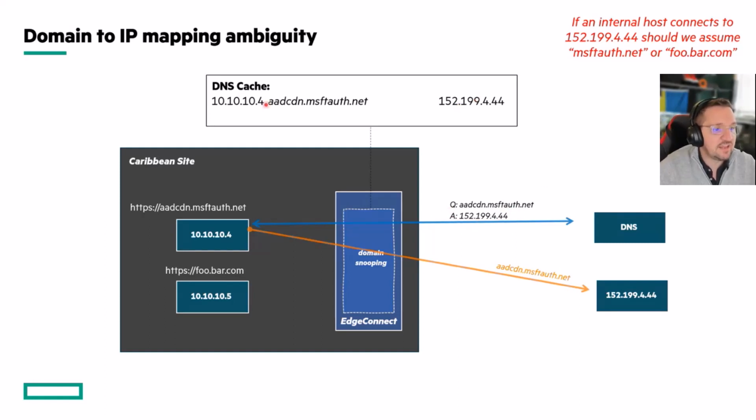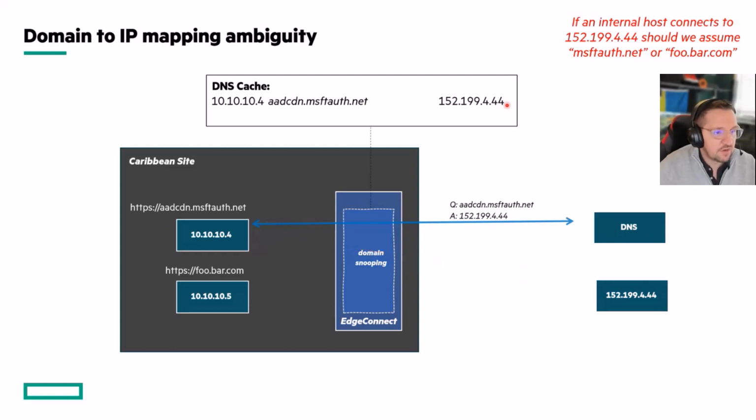So we cached that in the local EdgeConnect, in the EdgeConnect itself. So now the EdgeConnect has a high-speed cache of information that maps a domain name to a public IP address. It's very important. This domain name is mapped to this public IP address internally in memory.